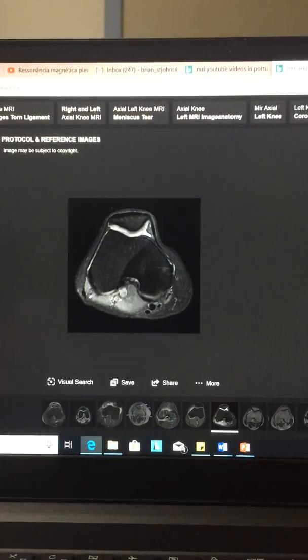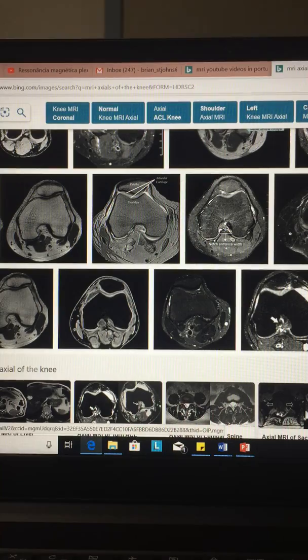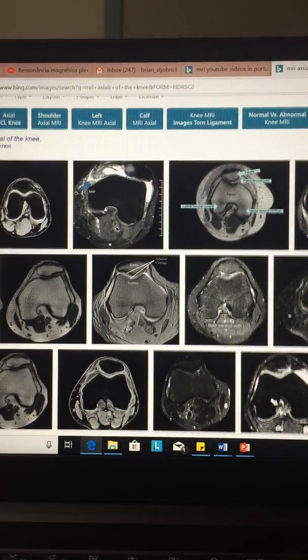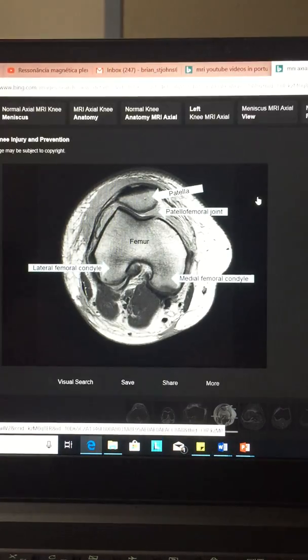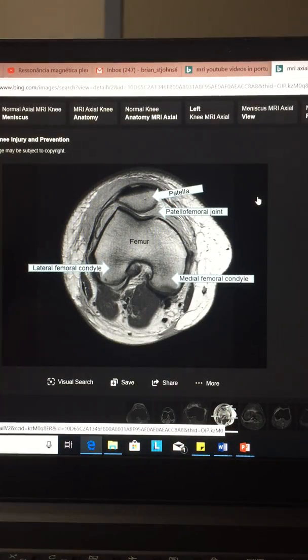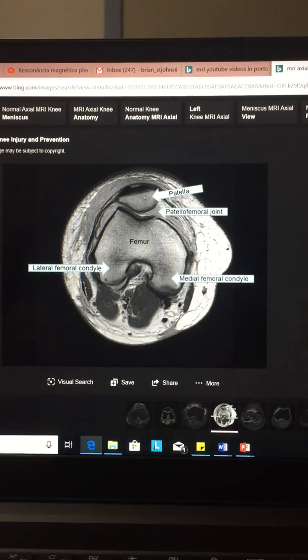Let's pull up this particular one. What do you think this side would be versus this side? Lateral, medial's rounded. So anytime you're questioning things, just do some Google searches, pull up some MRI images.